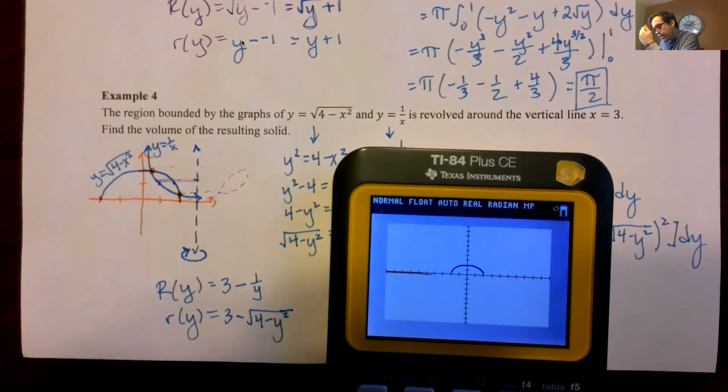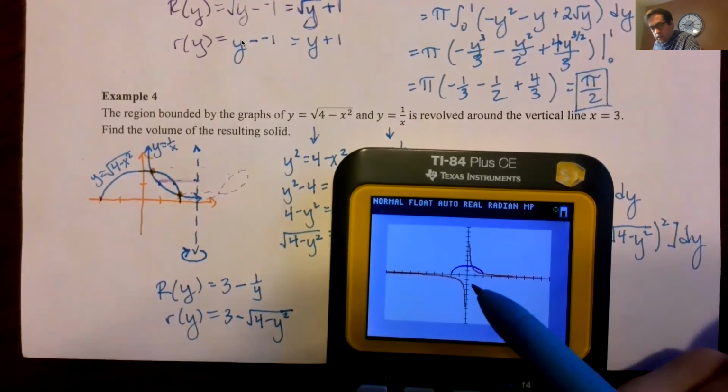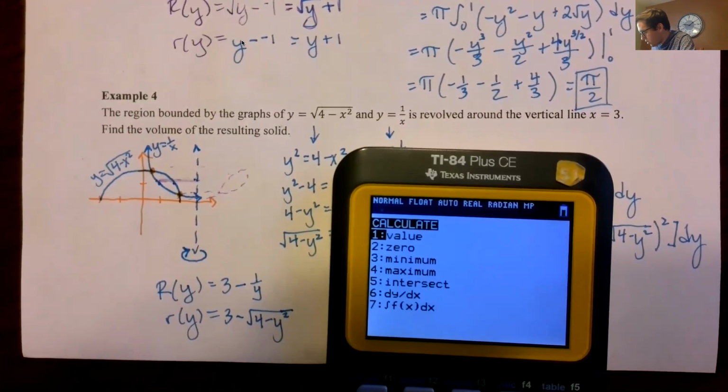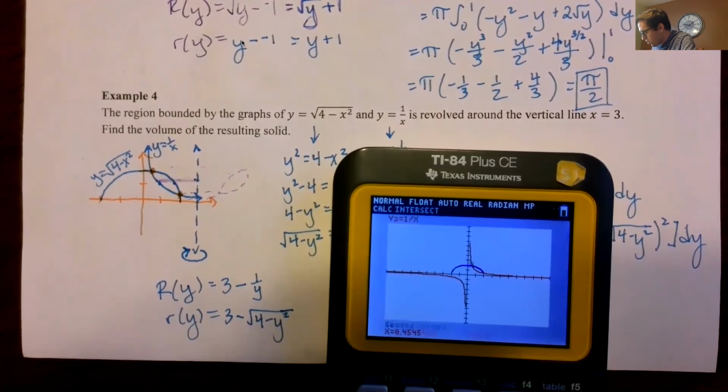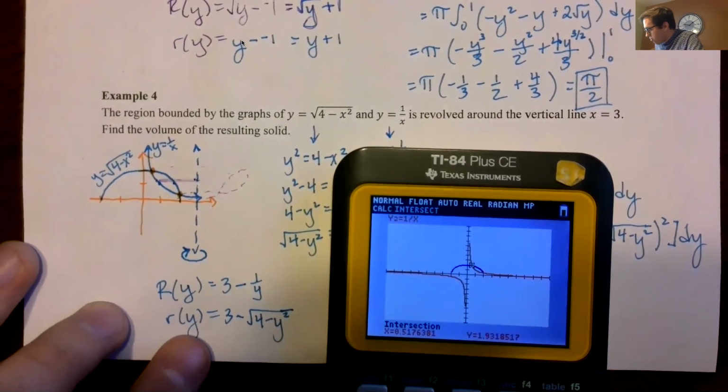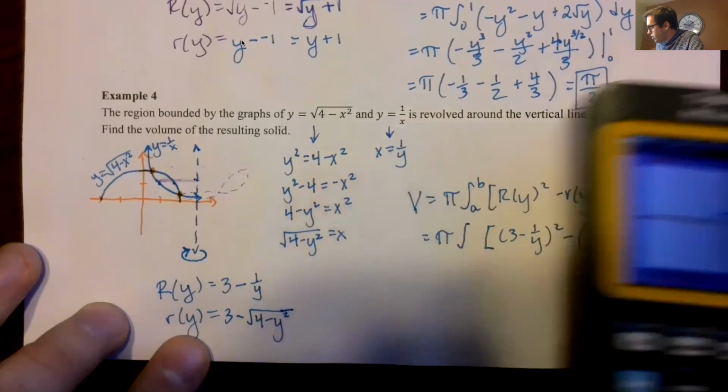And we need to find the intersection points, specifically in the first quadrant. That's the only place they do intersect. So we got this one, which is going to be 0.518, 1.932.